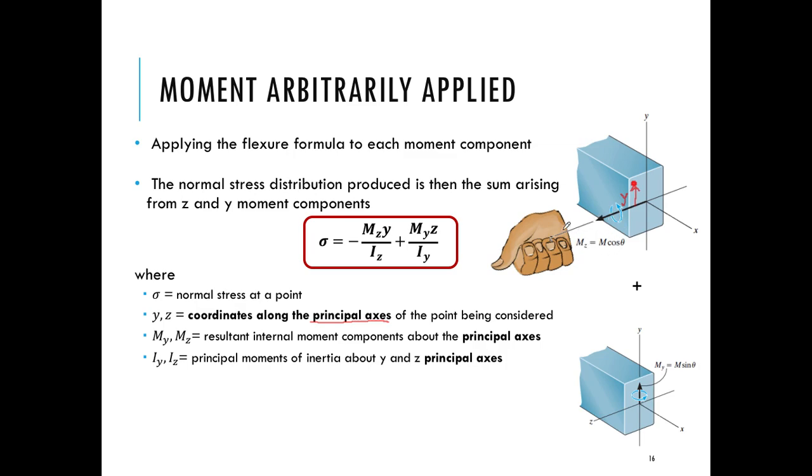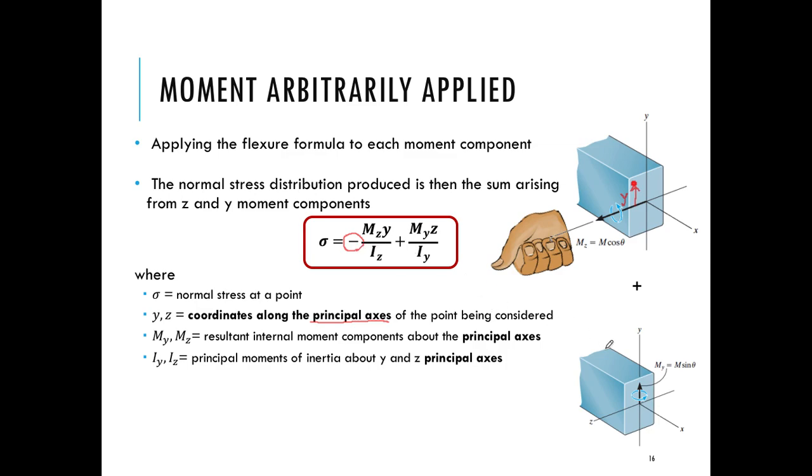Let me repeat. Pointing the thumb in the plus z direction, I can see कि when I curl my fingers, वो इस point के लिए plus y के लिए compressive हैं, वो into the beam जा रही हैं. ठीक है. तो वो compressive होने की वजह से I have a minus right here.